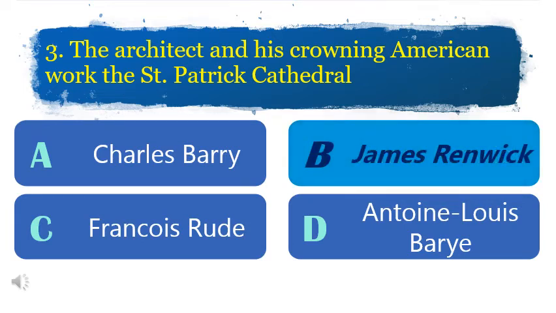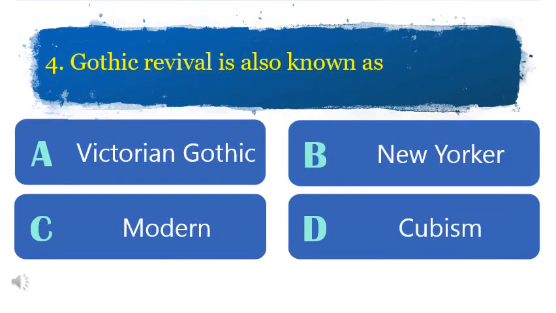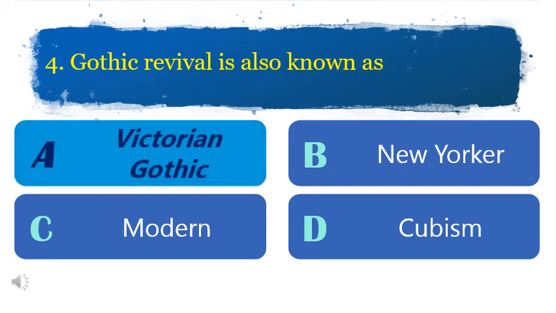For this item, the correct answer is letter B, James Renwick. 4. Gothic Revival is also known as A. Victorian Gothic. B. New Yorker. C. Modern. D. Cubism. The correct answer is A. Victorian Gothic.